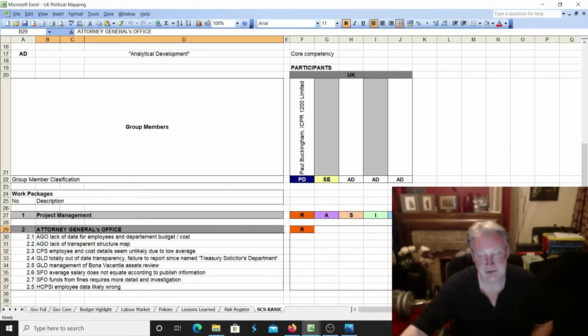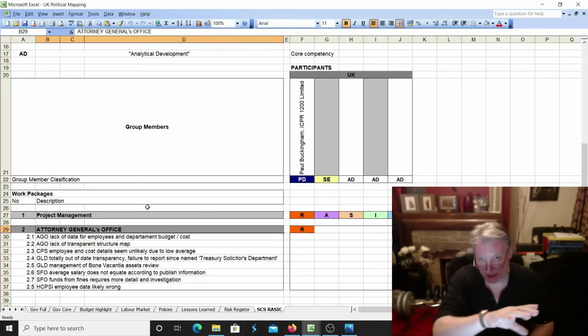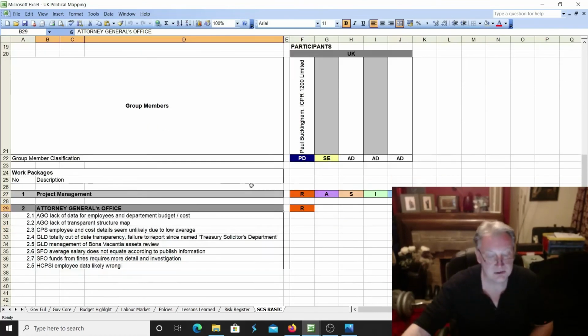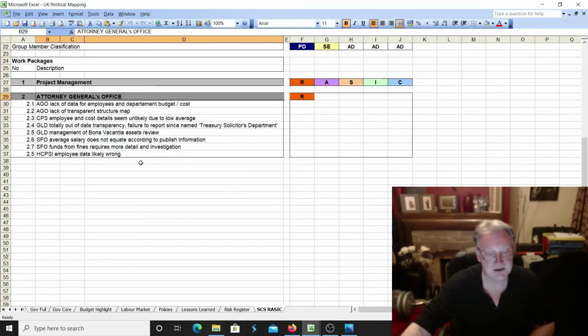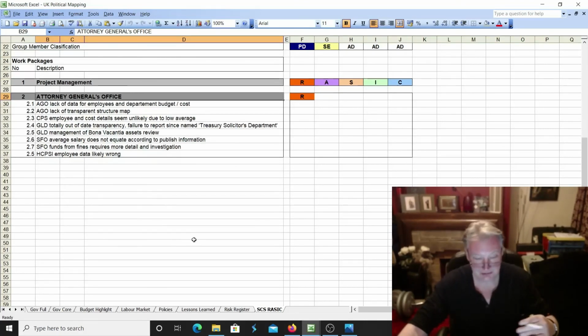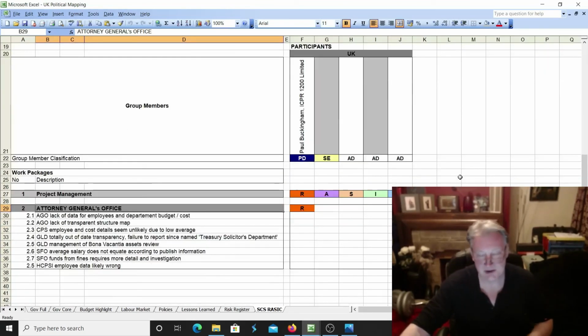Underneath the Attorney General's office, what we will end up with once I've gone through all of the different departments, you'll see the list coming down with the main department as the head, and then those agencies that are not held directly under the management of the Cabinet Office Minister, then that will be listed as an individual. But I wanted to start off just by giving an indication as to how things progress.